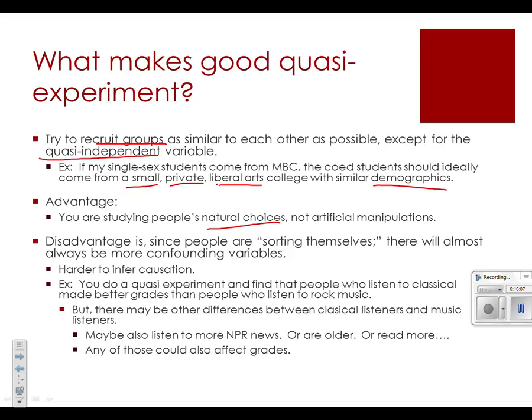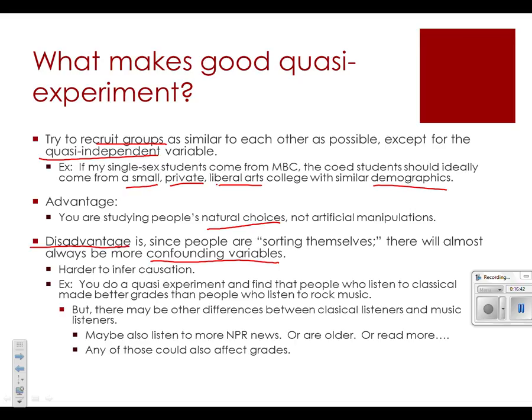But of course, the major disadvantage is because the people are sorting themselves instead of being sorted at random, there are always going to be more confounding variables. So it's much harder to be really confident, yes, the difference is due to my quasi-independent variable. So, for instance, let's say you're doing a quasi-experiment and you recruit a group of people who listen exclusively to classical music and people who listen to primarily rock music.